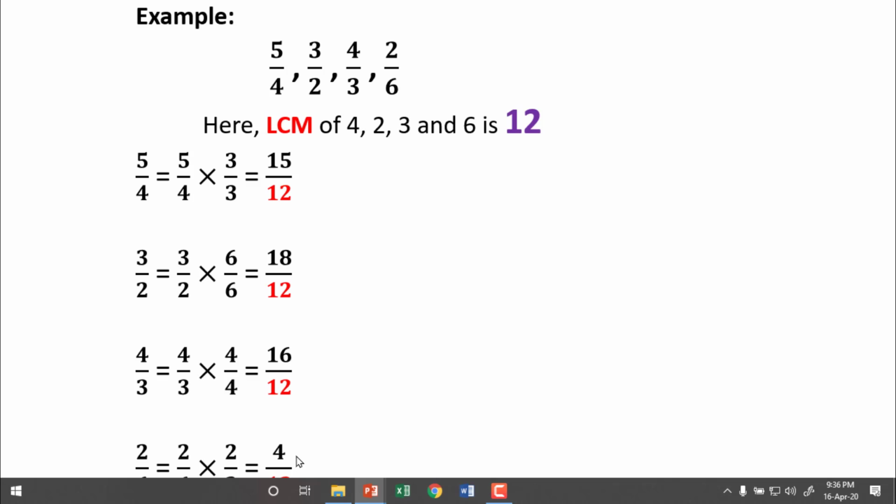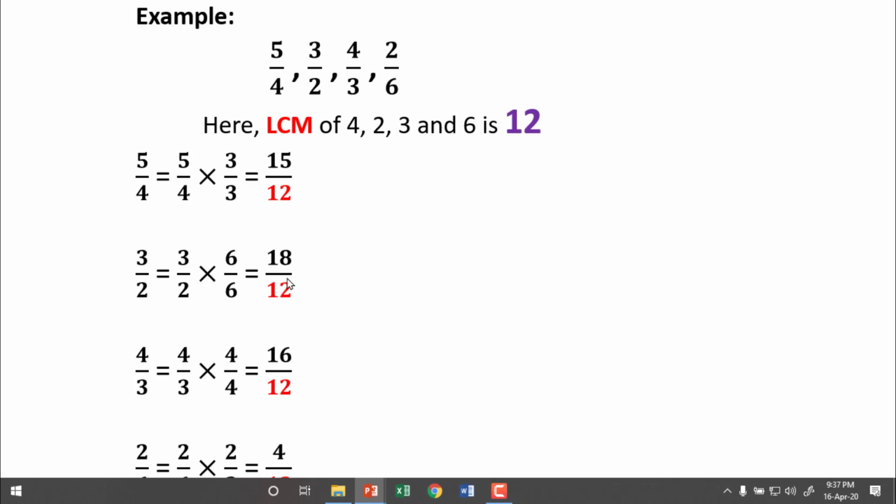So now we have to compare the numerators. So we know that if the denominators are the same, then we compare the numerators. The numerator that has the largest value, that fraction is the largest one. So here 15, 18, 16, 4, among them 18 is the largest numerator. So 18 by 12 will be the largest fraction.